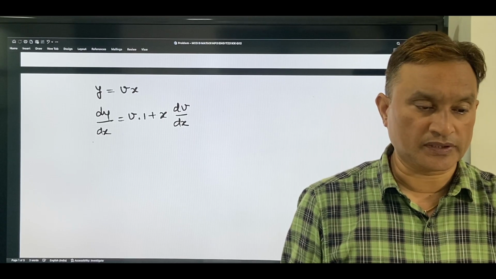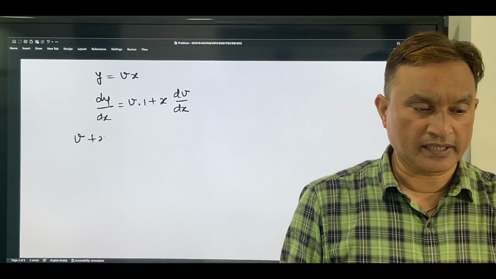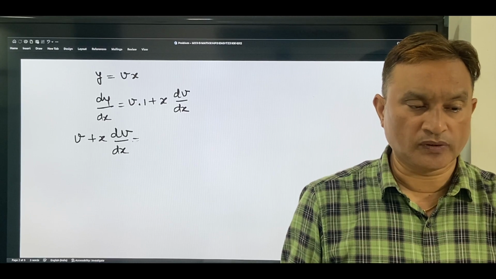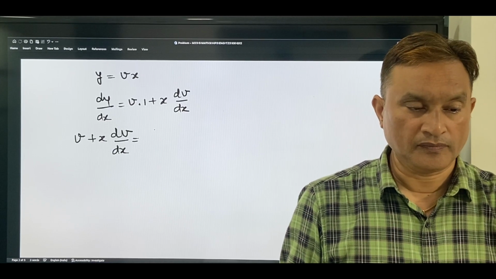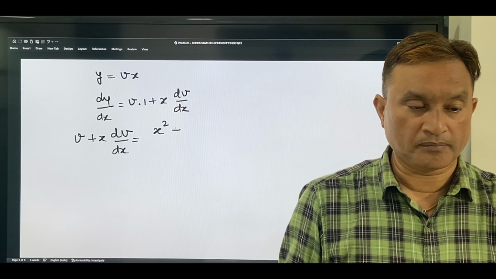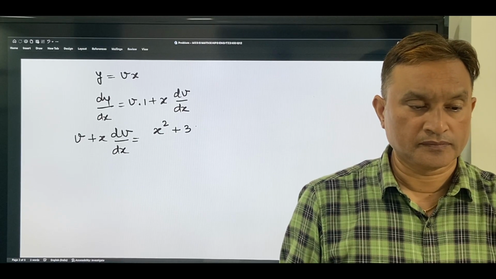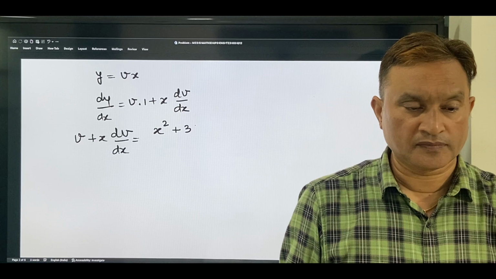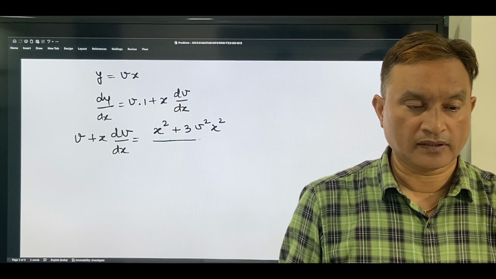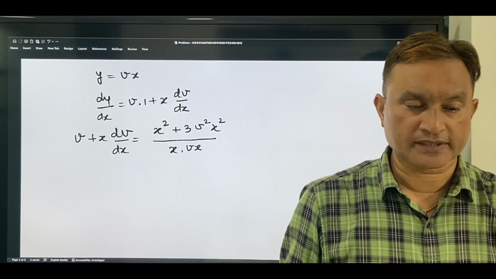Now in the given equation we will write v plus x dv upon dx equals x square plus 3v square x square upon x into vx.